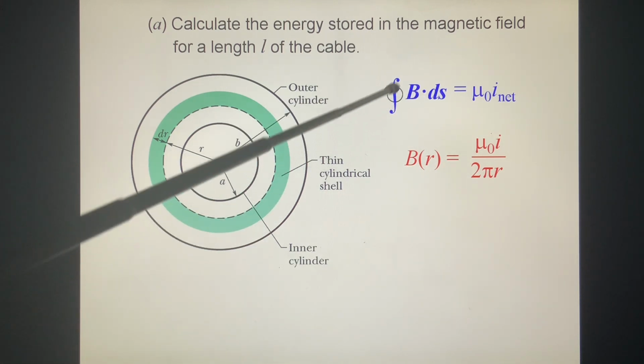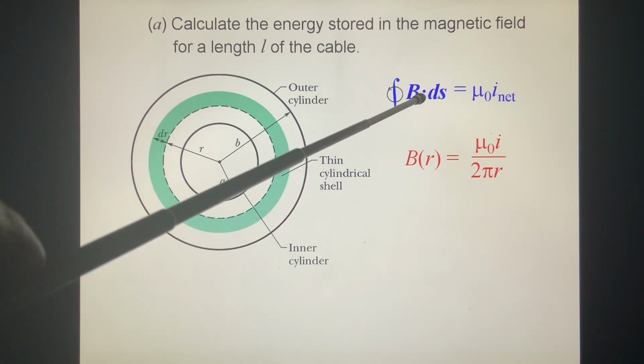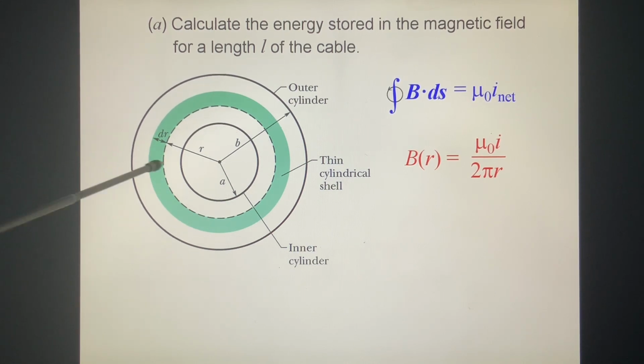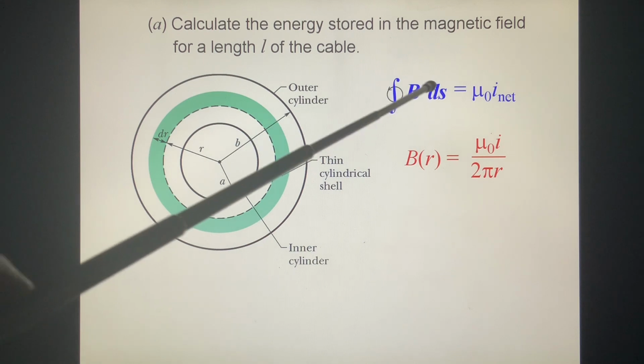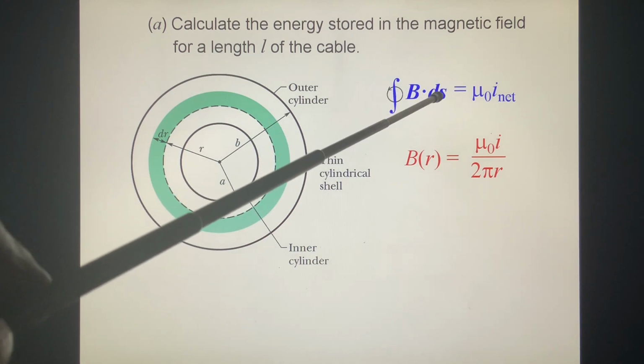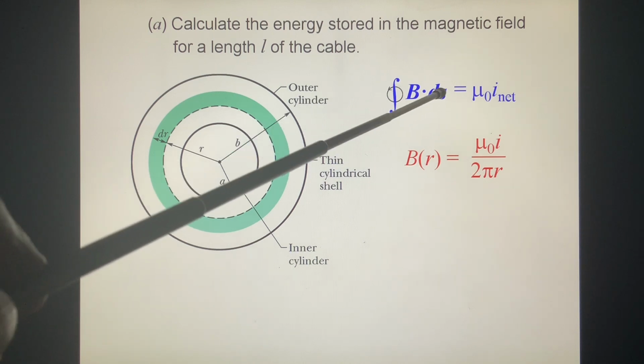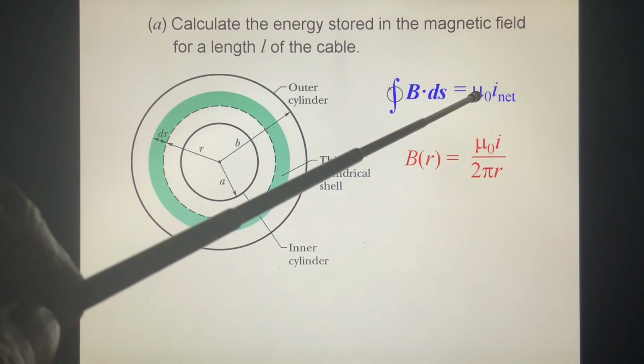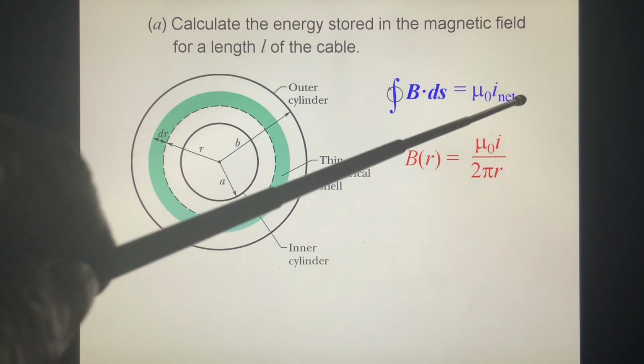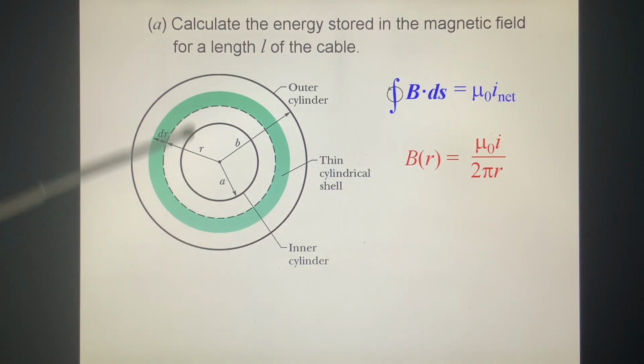Why? Because by symmetry B is everywhere the same in magnitude, and the direction is along ds. So when integrating B ds, B is taken out, and the integral of ds is 2 pi r, equal to mu 0 I net, just the current inside.